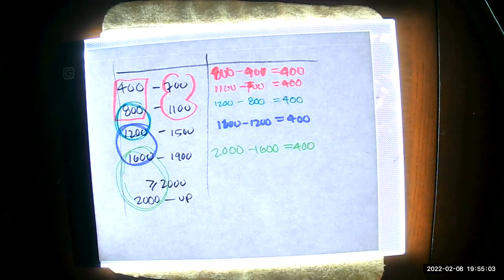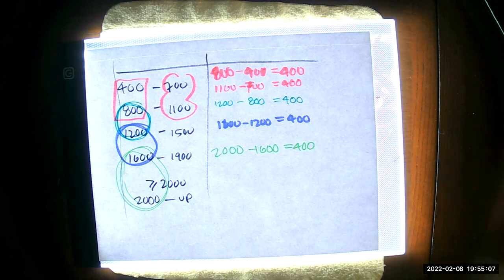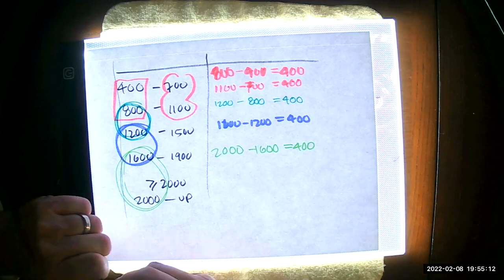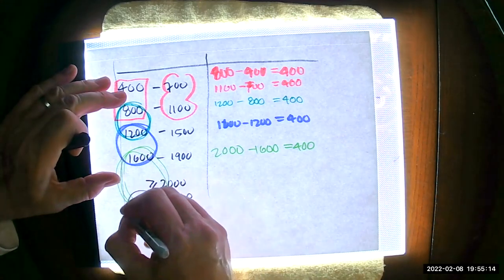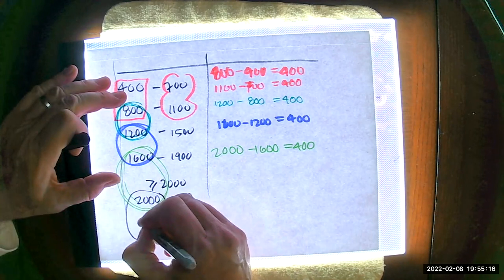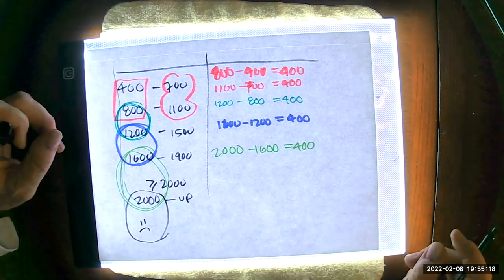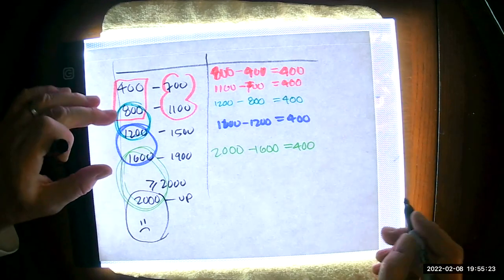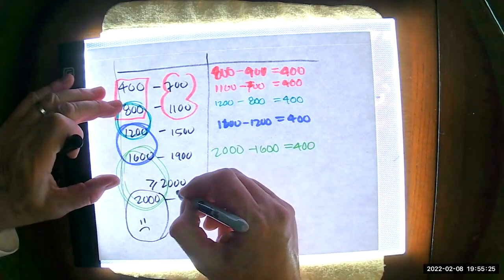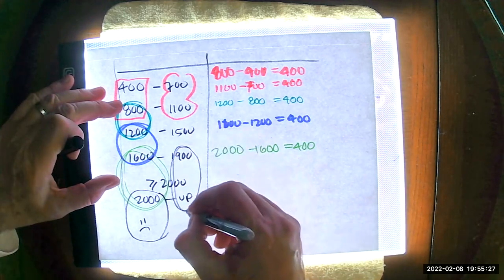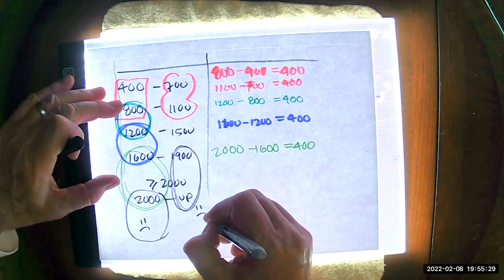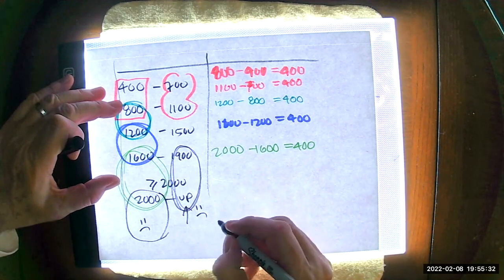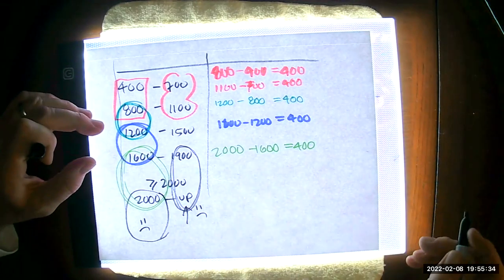Now, the last one gets a little dicey. Why does the last one get a little dicey? It gets a little dicey for two reasons. I can't use consecutive lower class limits because there is no other consecutive lower class limit. I also can't use consecutive upper class limits because this one is essentially undefinable.